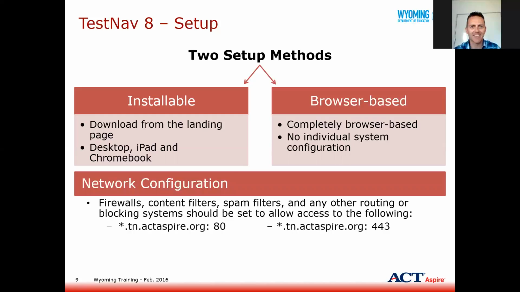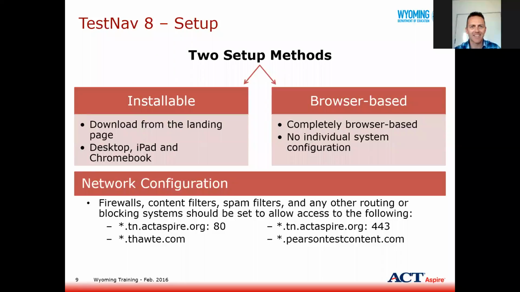I also want to highlight that regardless of what installable method you use, you do need to make sure that these URLs and ports are whitelisted on your network. This is important because TestNav uses them, as well as the content that goes back and forth will be shared throughout these URLs.